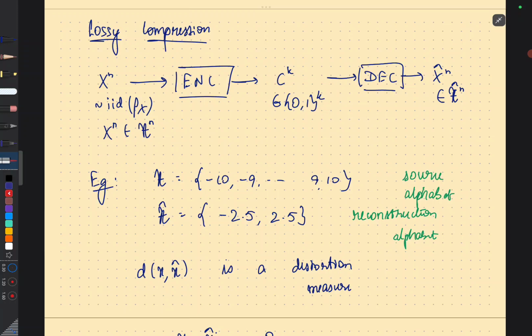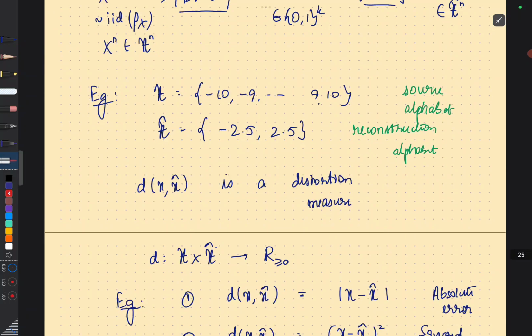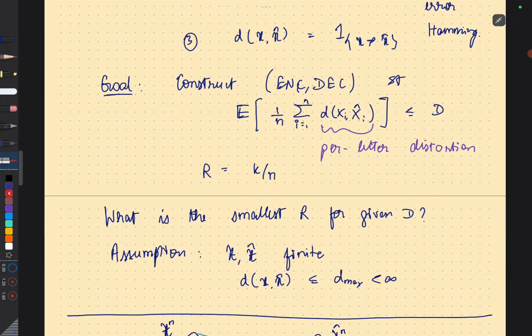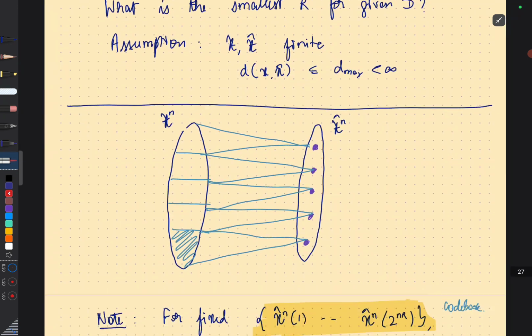At the same time, the distortion is at most some quantity capital D. So the goal is to construct an encoder-decoder pair such that the expected average distortion is less than or equal to some quantity capital D. And for a fixed distortion level capital D, we want to make sure that the rate is as small as possible. In particular, we want to know what is the smallest achievable rate for which we can make the distortion less than or equal to capital D.